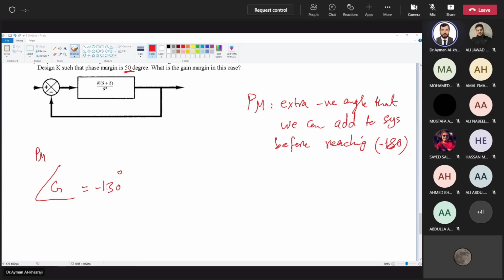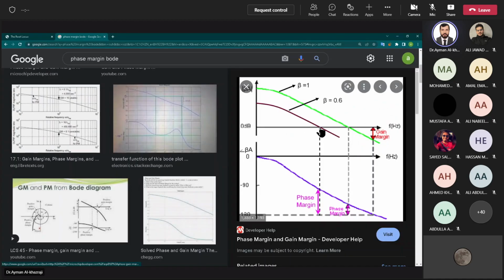Now, what is the gain crossover frequency? It means for the same omega, it will give me magnitude equal to 1. I want to jump to the magnitude, 1 or 0 decibel.